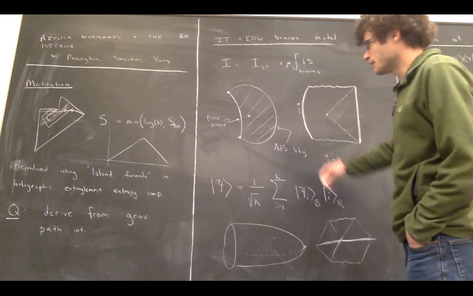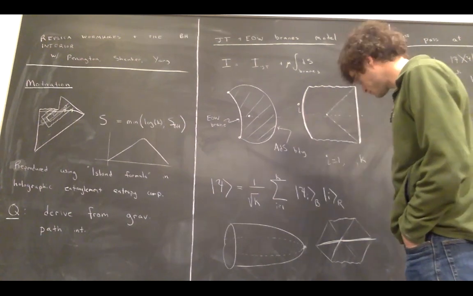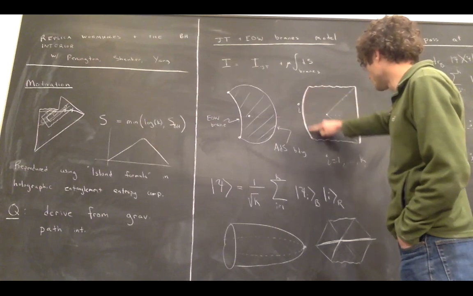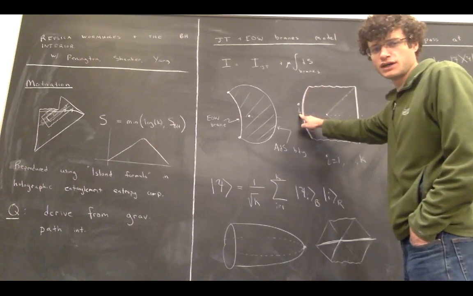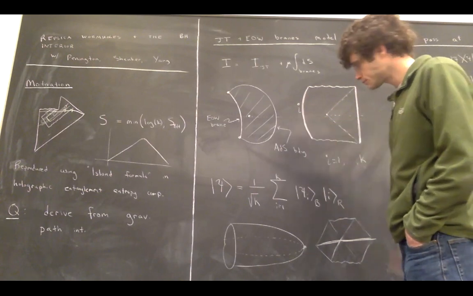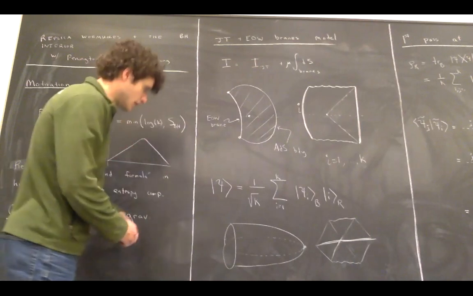So instead of having actual propagating quantum fields and Hawking radiation on the background, we're just going to have this end of the world brane behind the horizon and allow it to have a very large number of possible internal states. Okay.